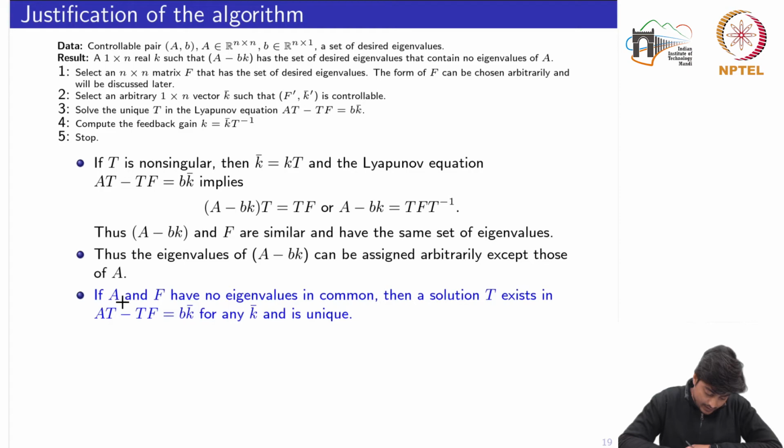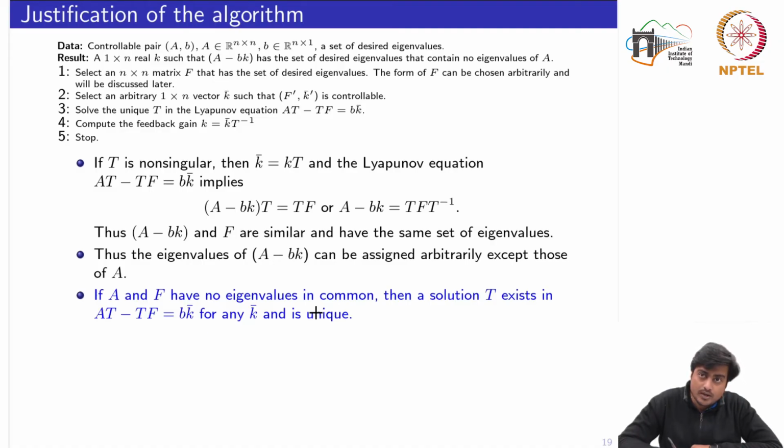Now if A and F have no eigenvalues in common, that is, the plant and the closed loop system have no eigenvalues in common, then a solution matrix T exists in this Lyapunov equation for any k bar and would be unique.